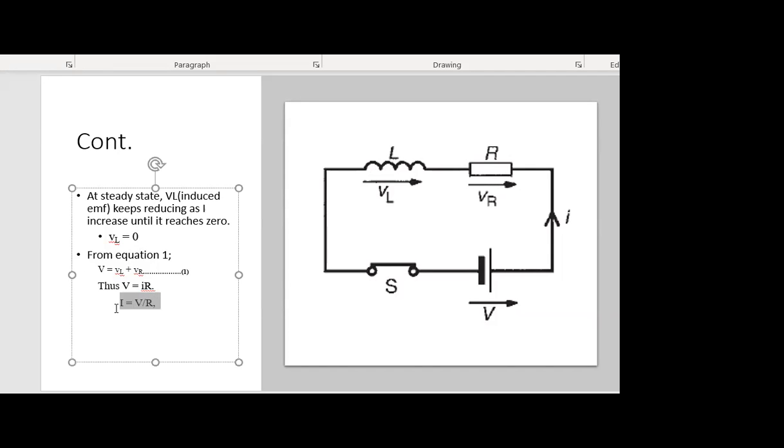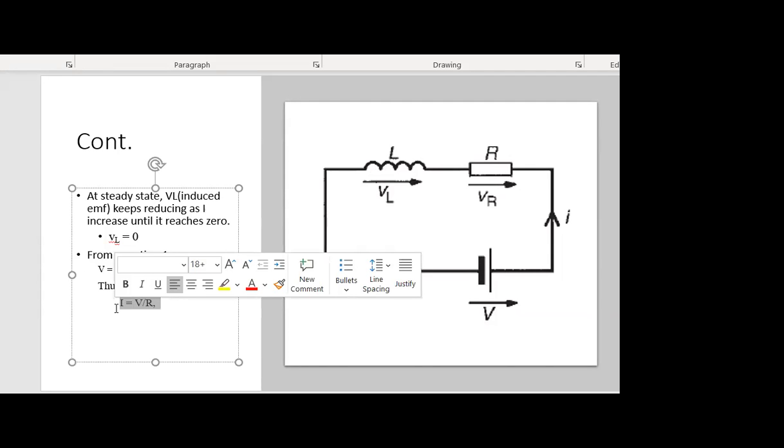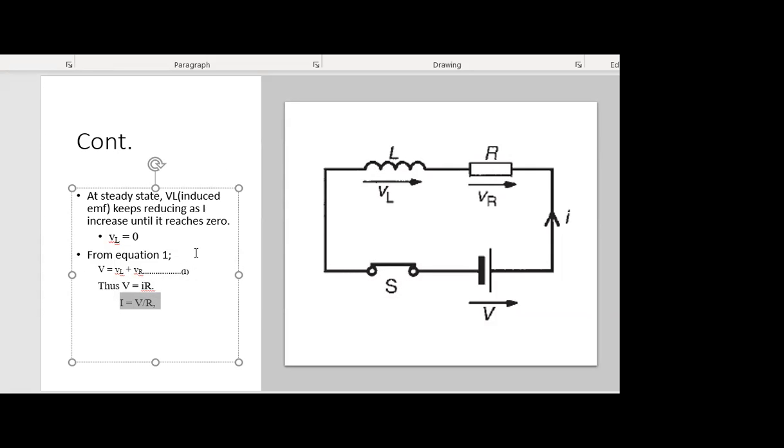This equation is what we had at initial state in the capacitor, in the CR circuit. But for the L, it is at steady state. At steady state for the CR, we had DC voltage V equal to VC. But here, that same equation, DC voltage V equals VL, was at initial state. So I think that is clear.